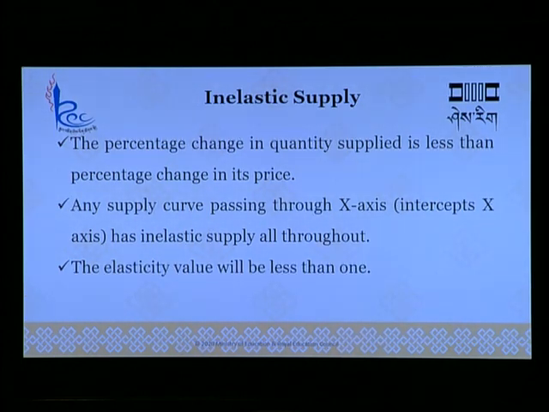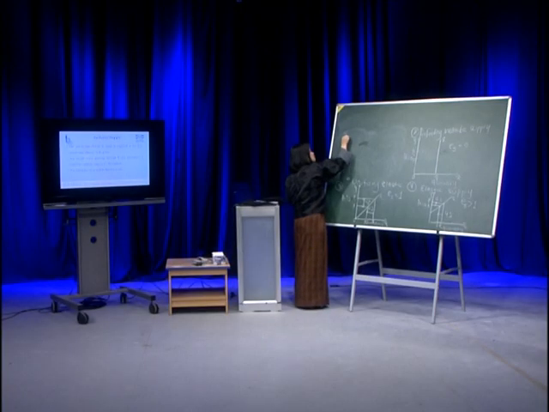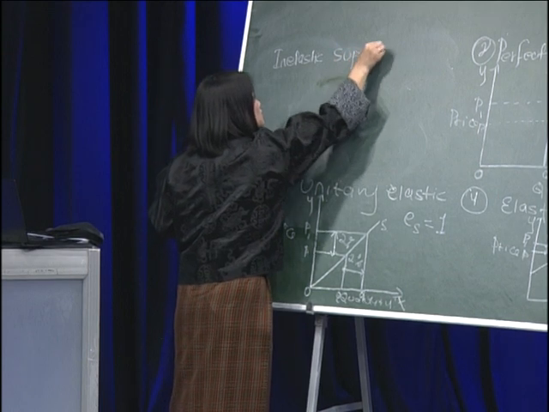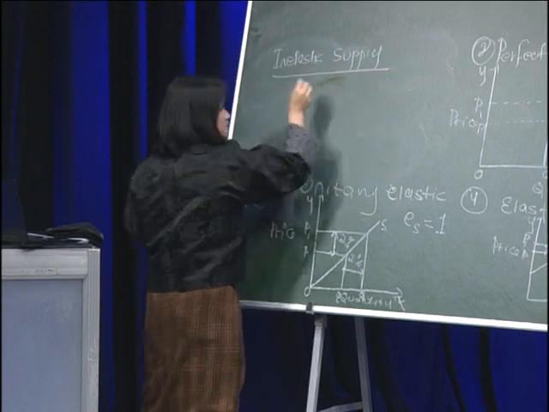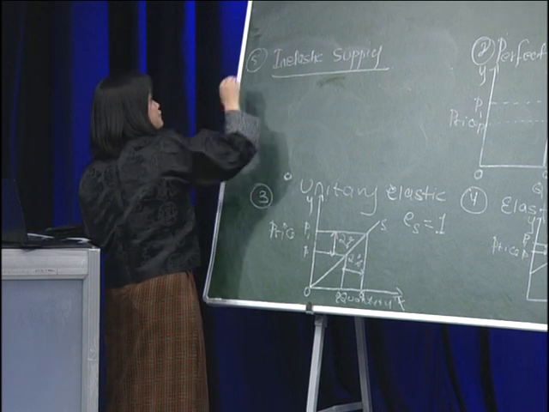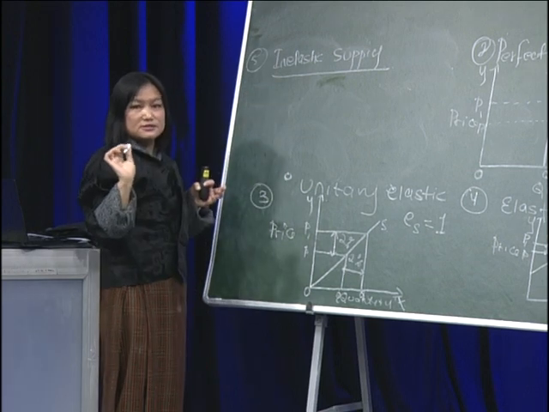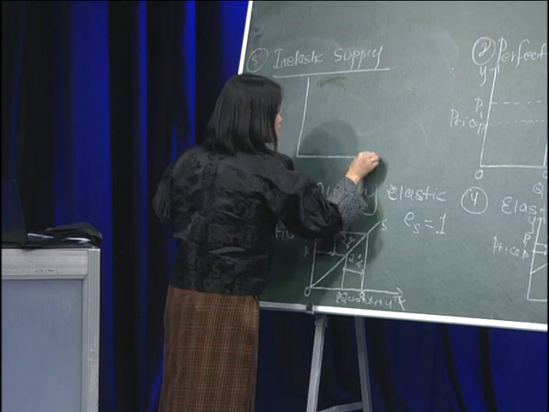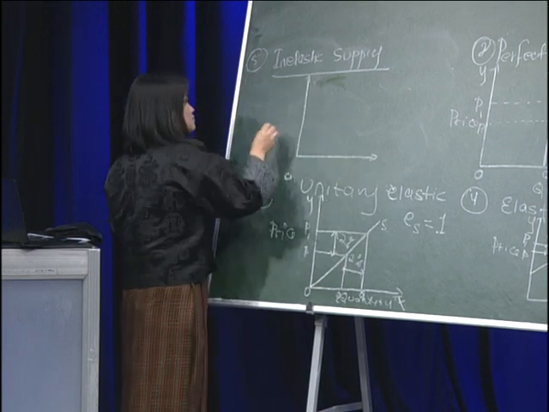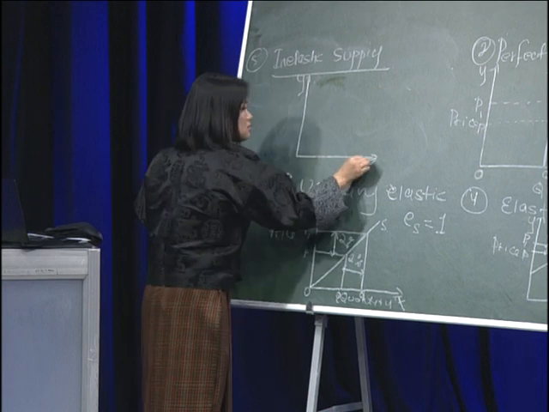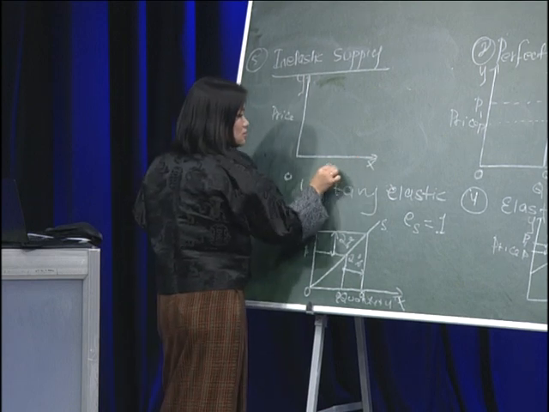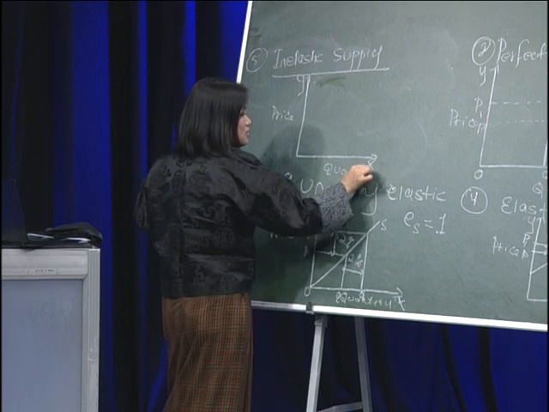So now we are going to look at the fifth one, the last one, that's inelastic supply. We have price on y-axis, quantity on x-axis.